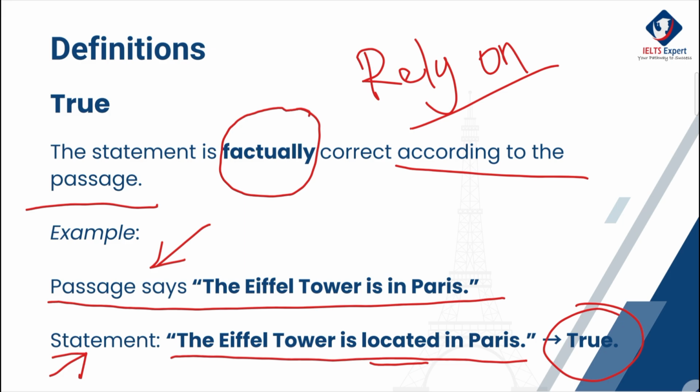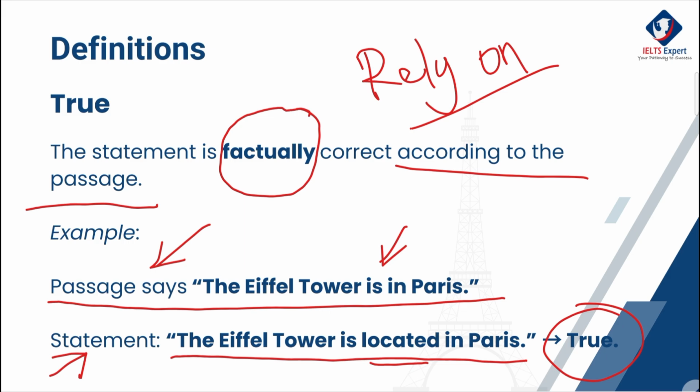Located is a different word, but it's similar to the be verb. They have used the be verb to talk about where the Eiffel Tower is: it's in Paris. So the Eiffel Tower is located in Paris. It's a similar word or similar phrasing to express the same information. So you can decide true.